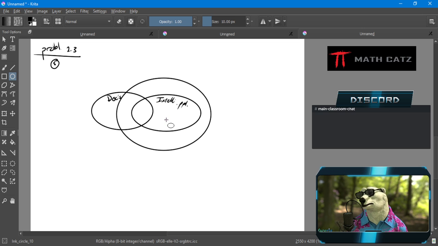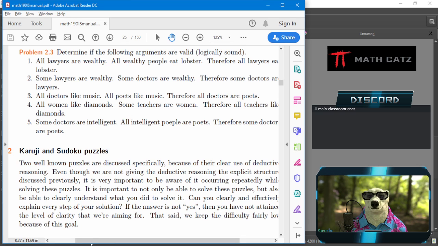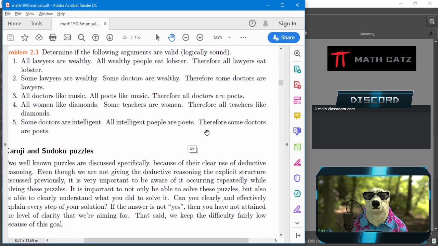My aim is to do it in such a way, if possible, that I contradict that last third statement, because then I would be able to conclude this is not a logically sound argument. So the third statement is, therefore, some doctors are poets.